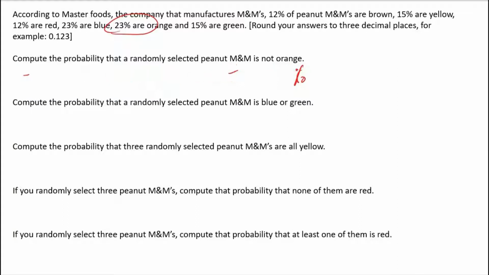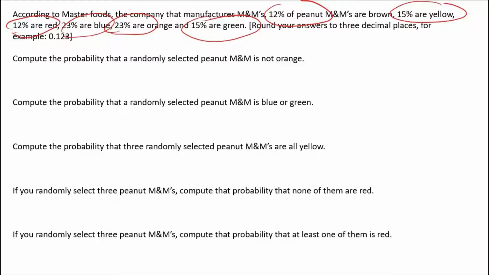In another way, you can find the probability by adding every other probability except for the orange. So the probability of not selecting an orange is the probability of selecting a brown color or yellow or red or blue or green. Since I'm saying or, we know we're adding these probabilities up, and because the events here are mutually exclusive, it's just the addition of the probabilities, without subtracting any overlap, because they can't happen at the same time.